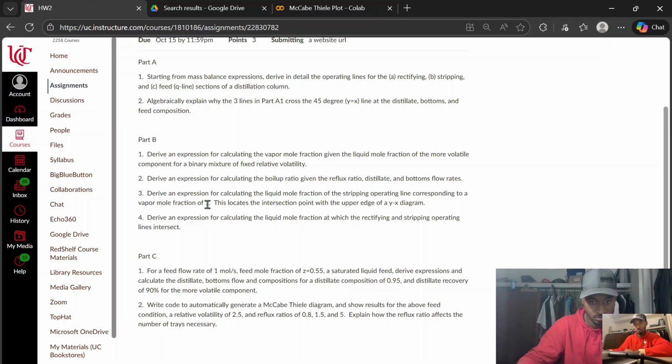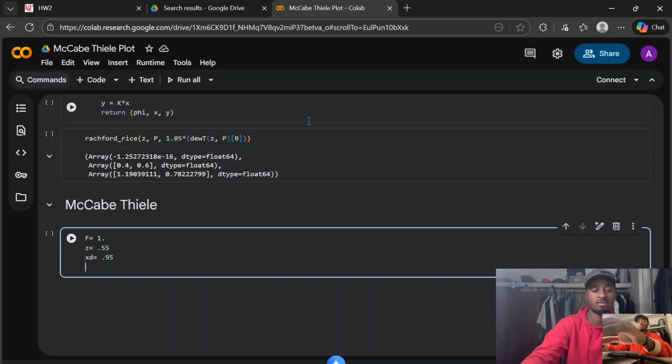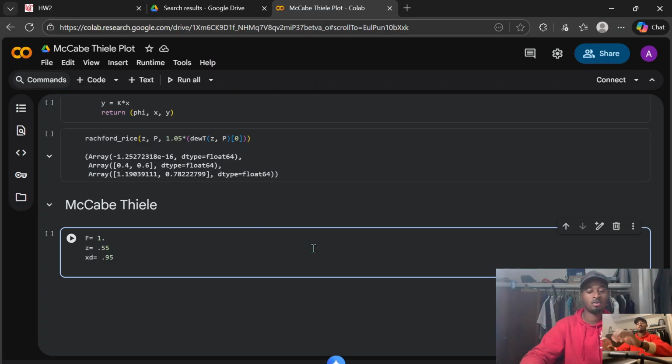Distillate composition is equal to 95%, so we can say 0.95 there. And we know that the distillate recovery of this system is 90% for the more volatile component.